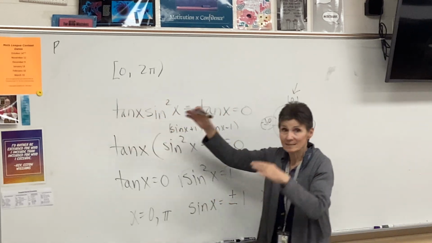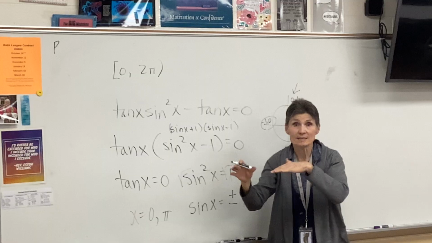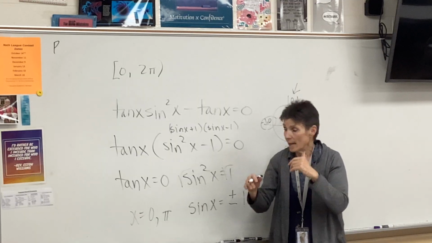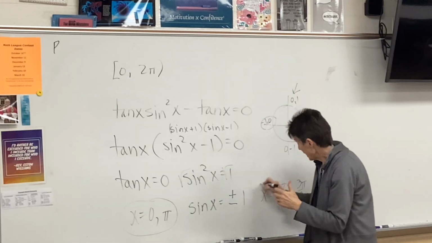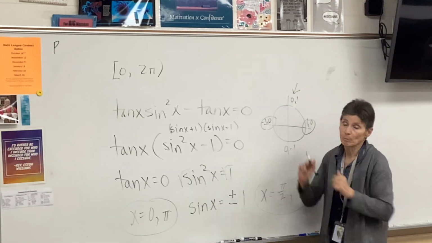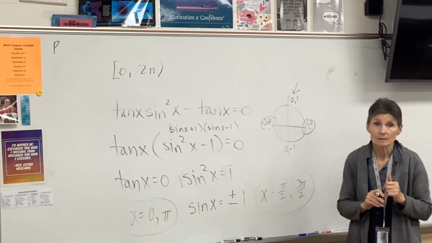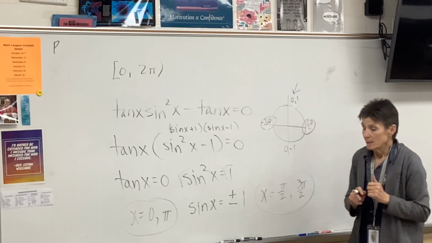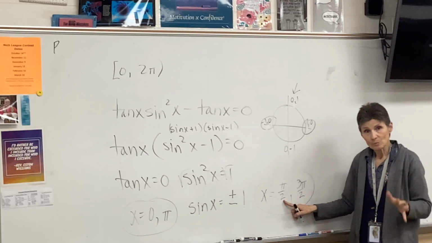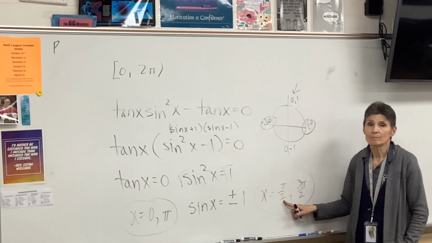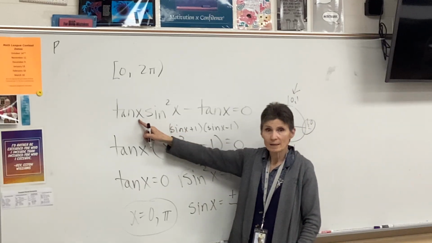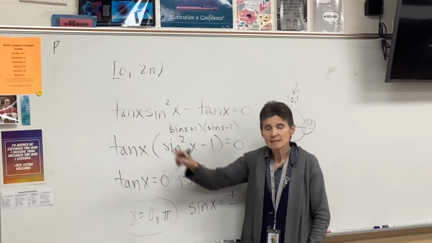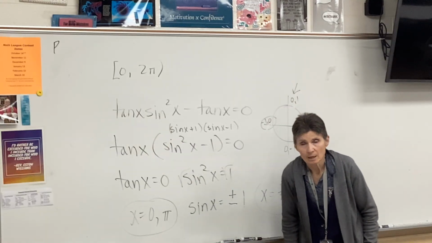This problem has tangents and sines in it, and whatever answers I get have to work in the problem. I want you to look at this answer right here, pi/2. If I put pi/2 in right here, I'd have to take the tangent of pi/2.